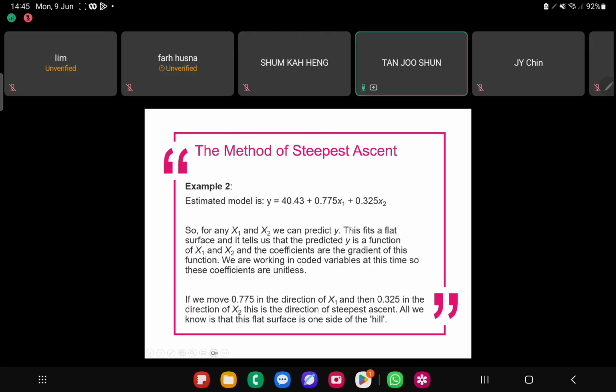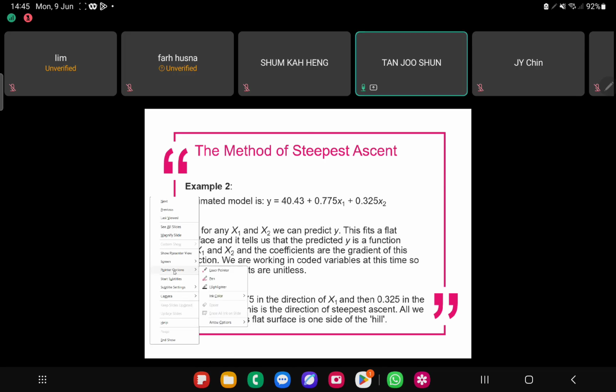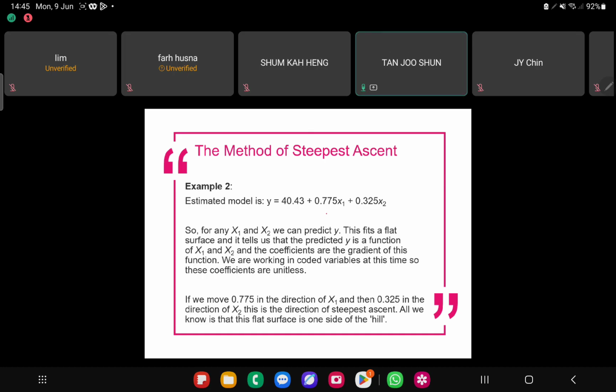In this case, 0.775 and 0.325 are the coded values. You have these two for factor 1 and factor 2, and now I want to find out where the optimum range is.